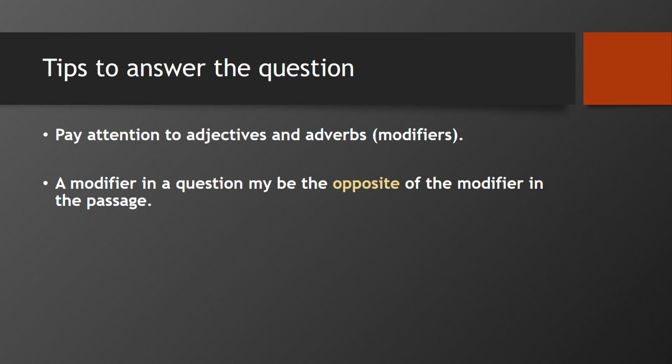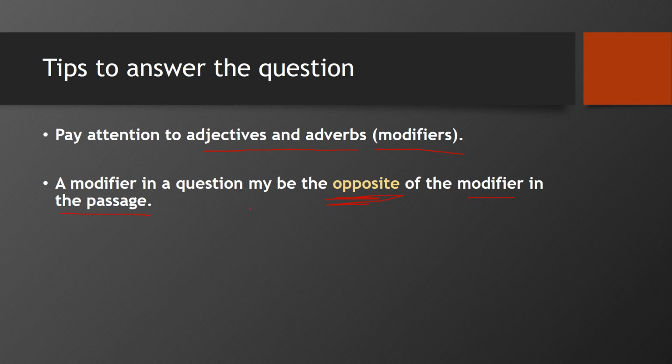Now, here are the tips to answer the questions. First of all, you have to pay attention to the adjectives, adverbs or modifiers in the statement, right? Because they want to test you on that in the question. Also, a modifier in a question may be the opposite of the modifier in the passage.